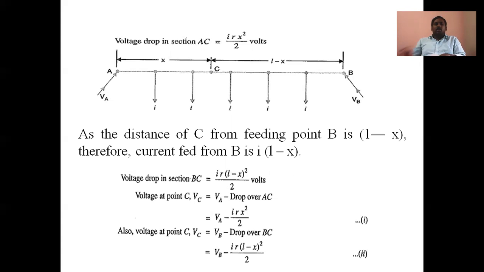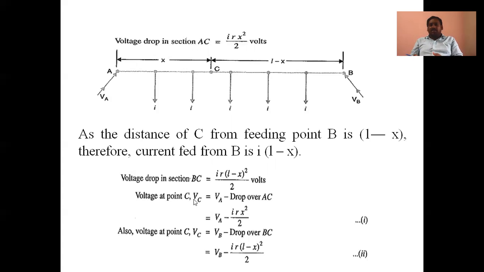So the voltage drop is IR into (L minus X) whole square by 2, because voltage drop means current into resistance. Current is I into (L minus X), and resistance is R into (L minus X). That's why I into R, (L minus X) into (L minus X), (L minus X) square.